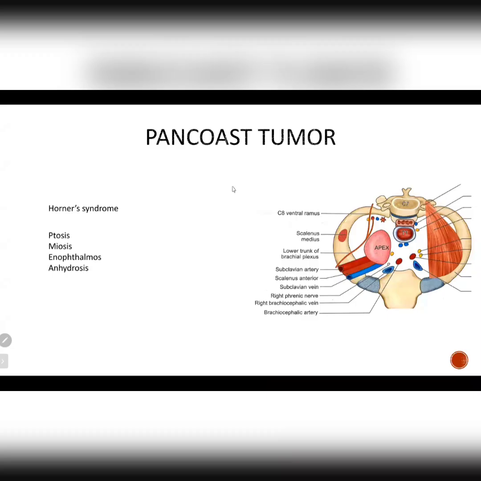Enophthalmos means the size of the eye will get shrunken. Okay, so I am happy that some of you know the features, but all of you, please learn it. By now, you should know what are the features of Horner's syndrome. Ptosis, miosis, enophthalmos, and anhidrosis of half of the face.